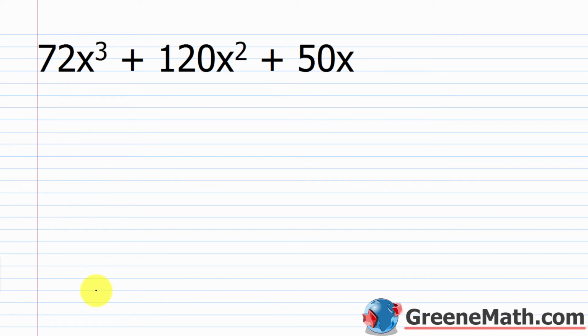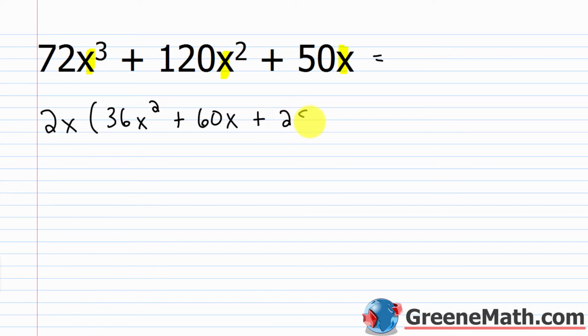All right, let's take a look at another one. So we have 72x cubed plus 120x squared plus 50x. So the first thing I notice right away is that everything has an x, right? That's common to everything. Now everything is also divisible by 2. So I can pull out a 2x before I even begin. And what that's going to give me is 36x squared plus 60x plus 25. And I notice right away that 36 is what? It's 6 times 6.